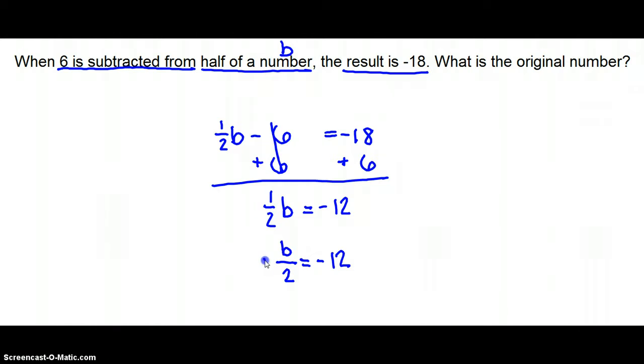The opposite of division is multiplication, so we're going to multiply both sides by 2. 2's on the left cancel, and we are left with b equals negative 12 times 2, which is negative 24. And that is our final answer.